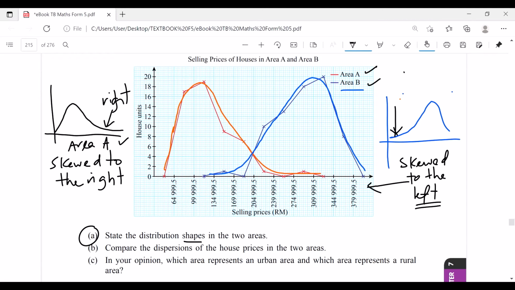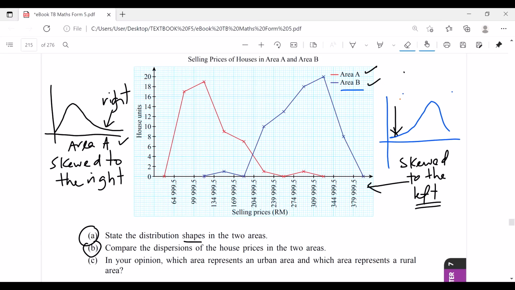Next, compare the dispersion of the house prices in the two areas. Dispersion, highest and lowest value, you compare, so you just find the range.